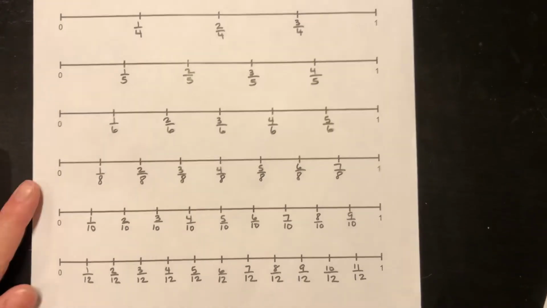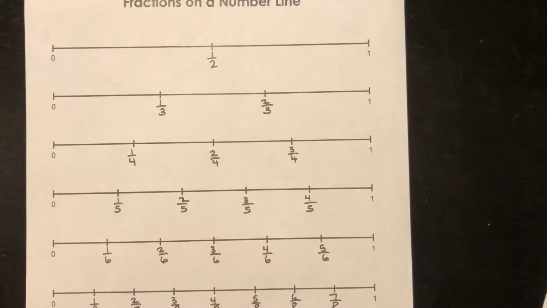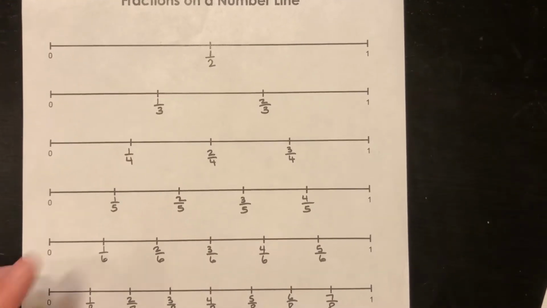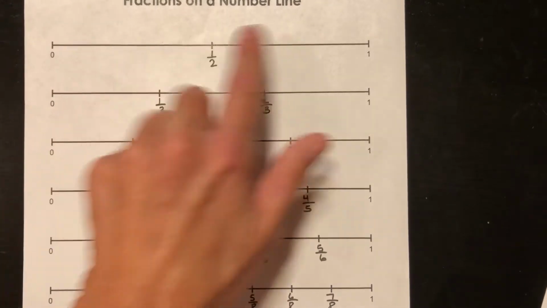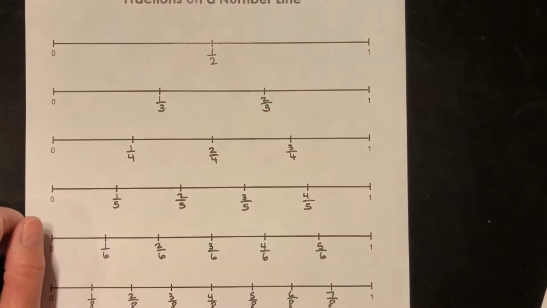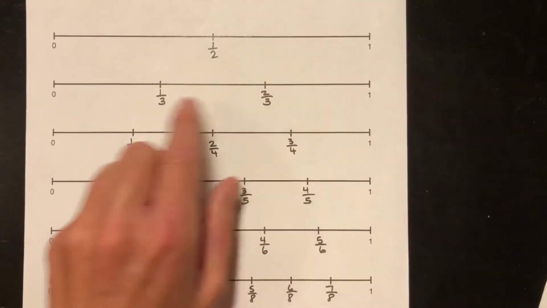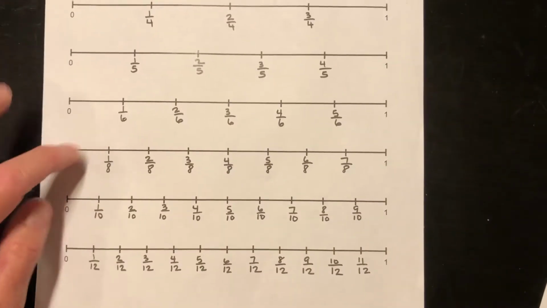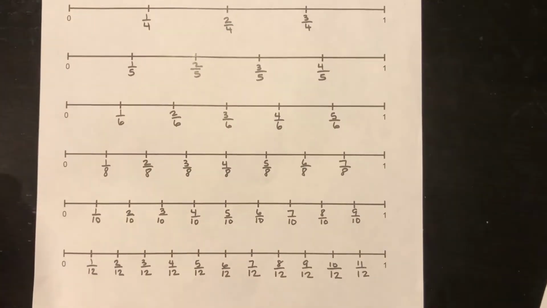Okay, welcome back. I noticed that this looks very, very similar to the fraction bar diagram. Here is 1/2, and here's 0 and 1. So this is cut into 2 sections and my denominator's 2. This is cut into 3 sections and my denominator's 3. 4 sections and there's 4. I also noticed that 7 is not on here, and 9 is not on here, and 11 is not on here.